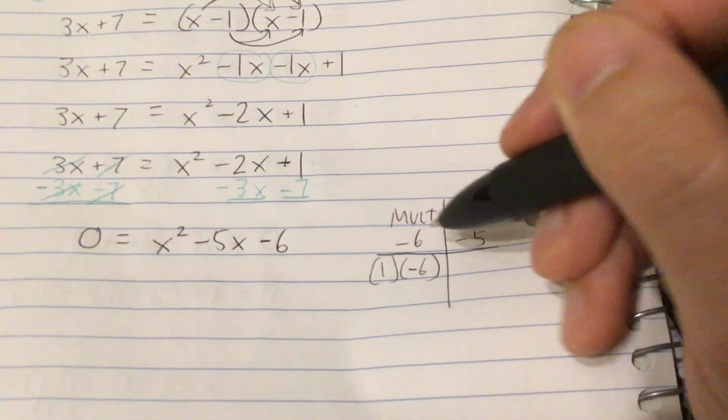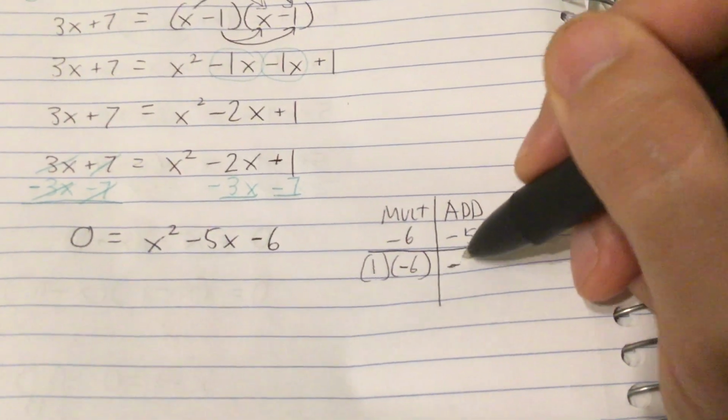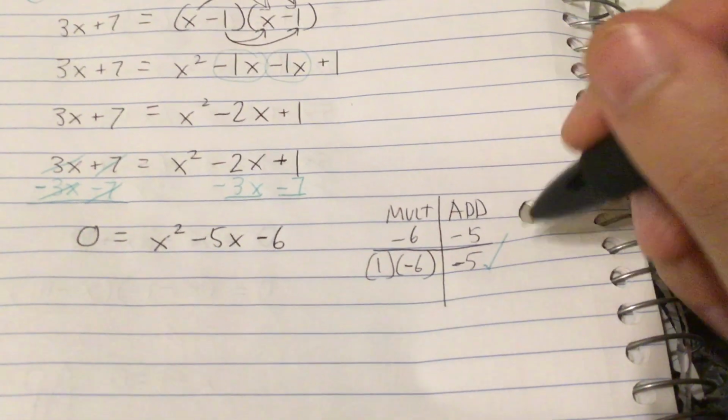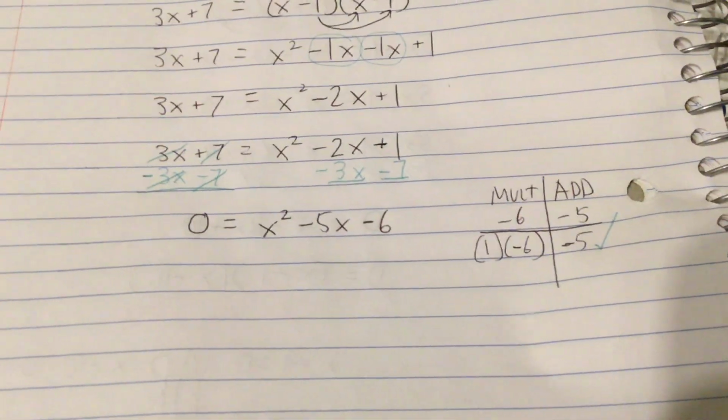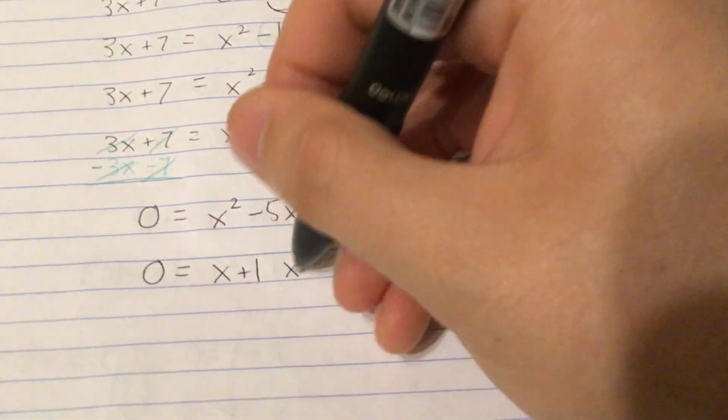1 times negative 6 is negative 6, but 1 plus negative 6 is negative 5. Who would have thought it worked on the first try? We win. So this winning combination is positive 1, negative 6. I'm going to factor this into x plus 1 times x minus 6.